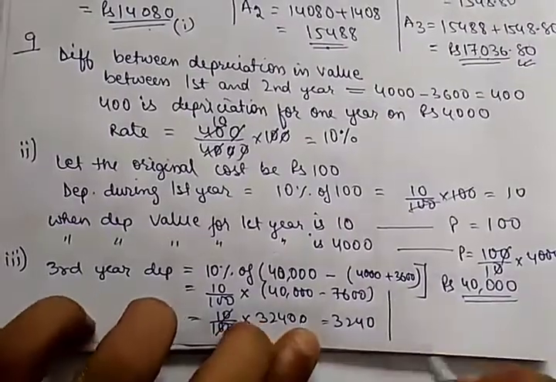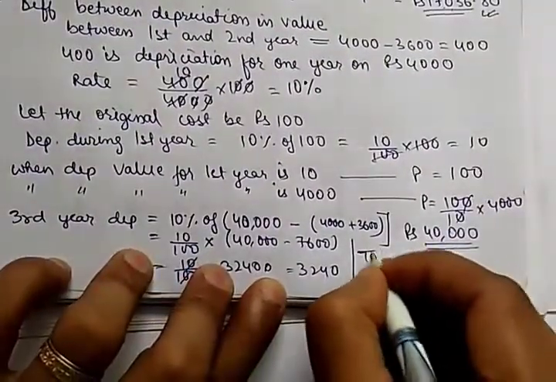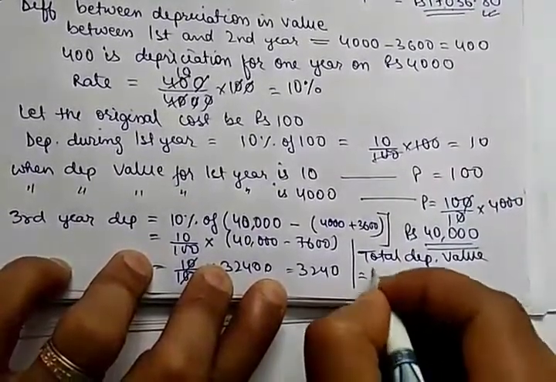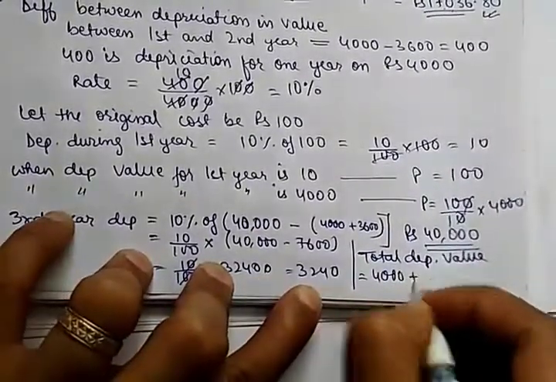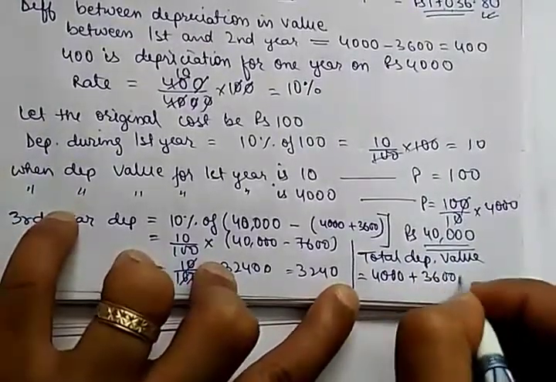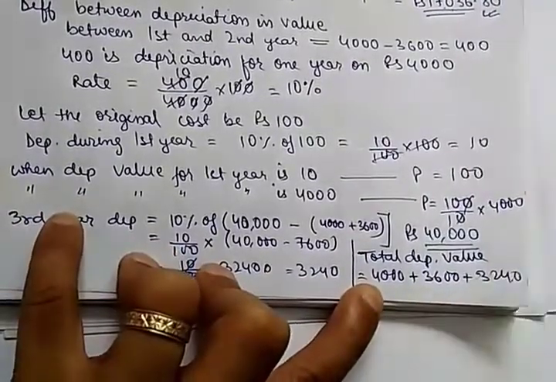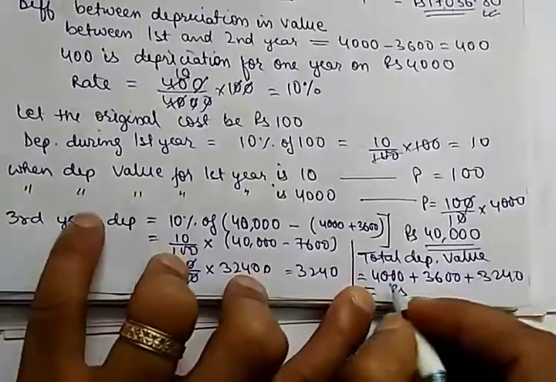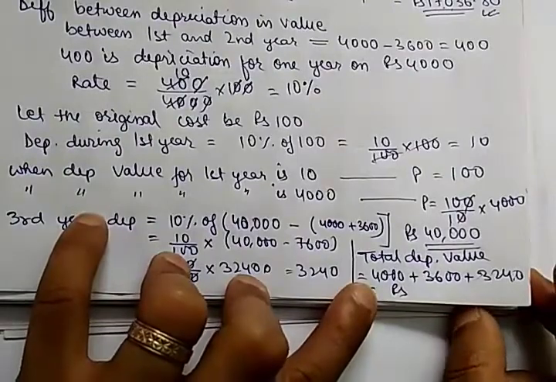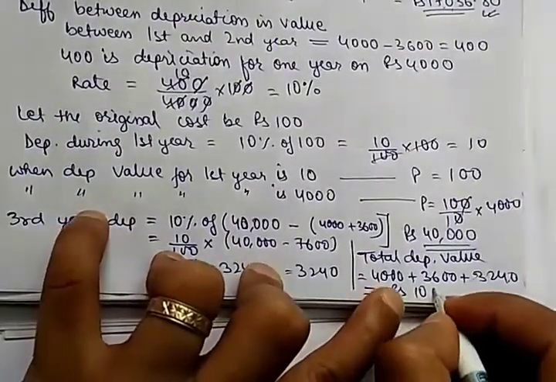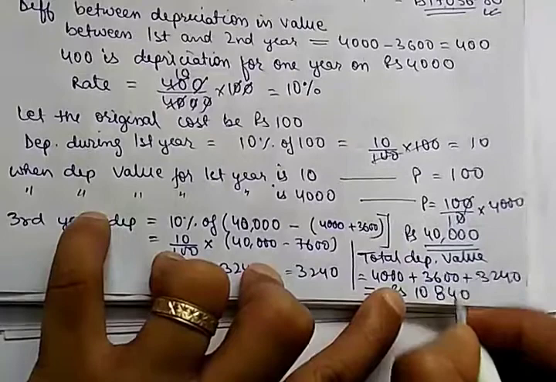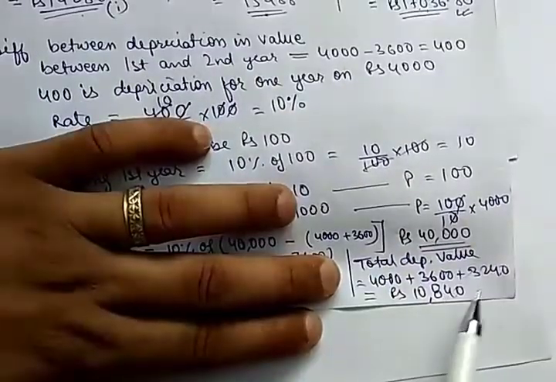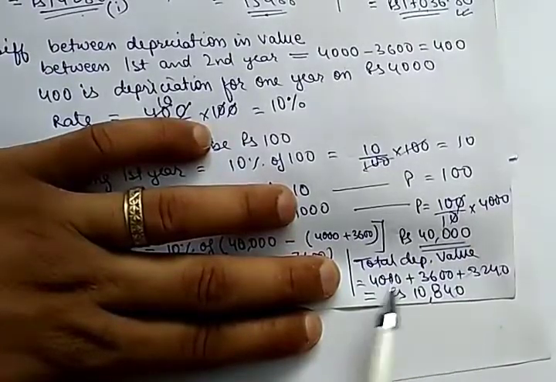So now we have to find the total depreciation. Total depreciation value is equal to 4,000 plus 3,600 plus 3,240. So this is coming to rupees 10,840. This is the total depreciation value of all the 3 years.